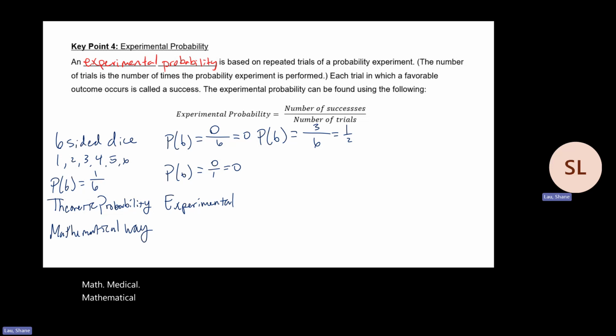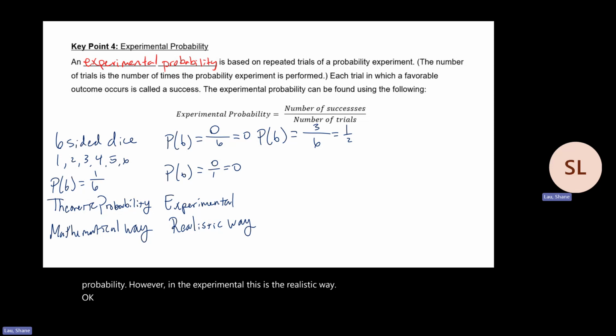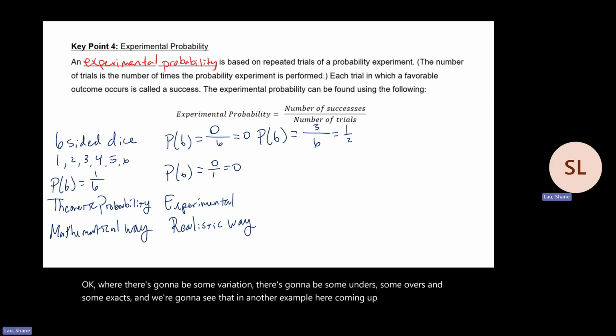That's like perfect. In perfect conditions, it's always going to have this theoretic probability. However, the experimental is the realistic way, where there's going to be some variation. There's going to be some unders, some overs, and some exacts. And we're going to see that in another example here coming up. But I want you to think about it like this.